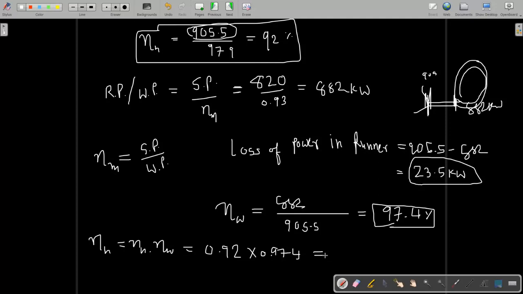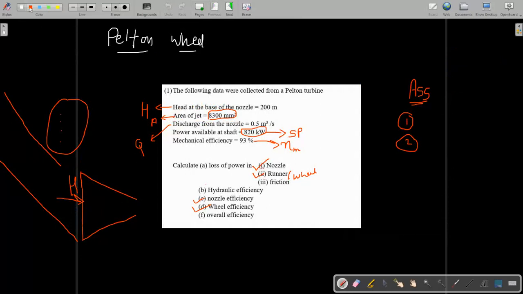So when you multiply, you will get the hydraulic efficiency as 90%. Okay, this is a near round value, 90% hydraulic efficiency. So this thing we have also found. So tick mark here. Hydraulic efficiency we have also found.